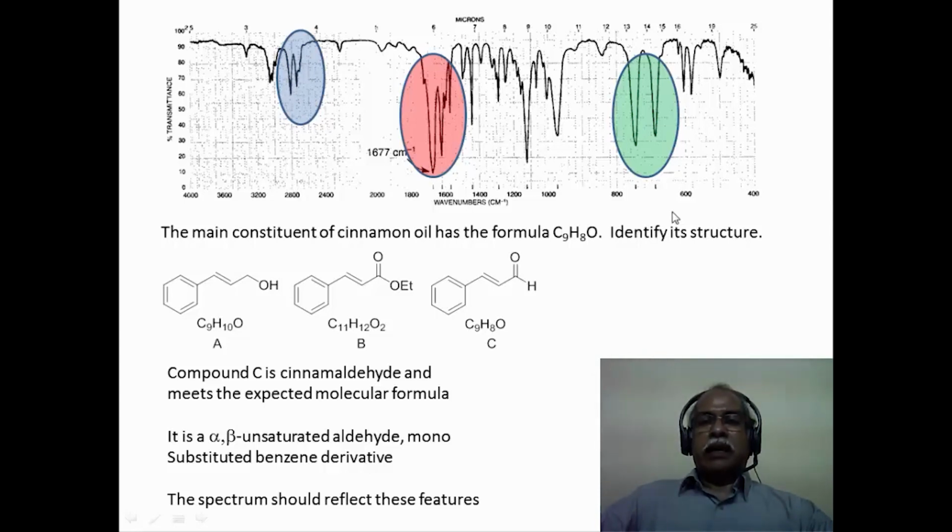And finally the monosubstituted benzene derivative, which has out of plane bending modes in this particular feature, is also reflected. So the spectrum reflects the features that would satisfy this molecule to be the correct molecule, as the major constituent of cinnamon oil is cinnamaldehyde.